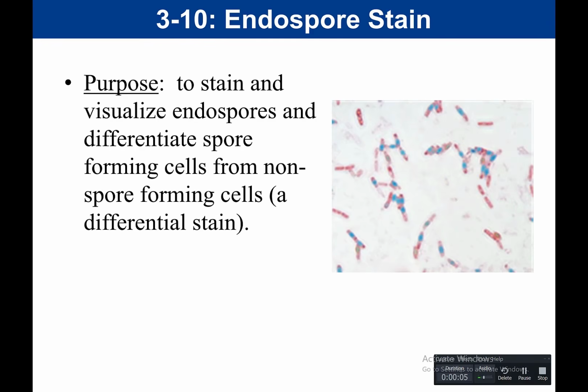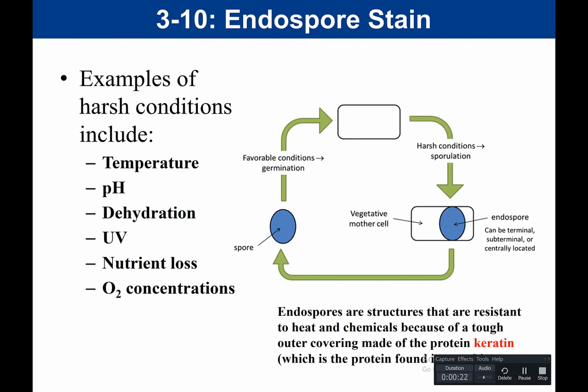And so for the endospore stain, you want to know the purpose, and the purpose is to stain and visualize endospores and differentiate spore-forming cells from non-spore-forming cells, and this is a differential stain. So you want to know the purpose. You want to understand when endospores form, and endospores form when conditions become harsh.